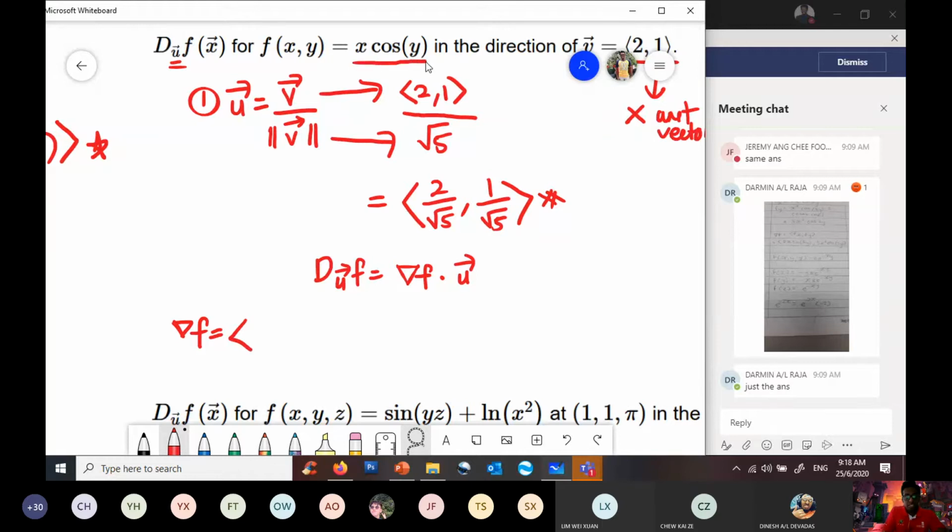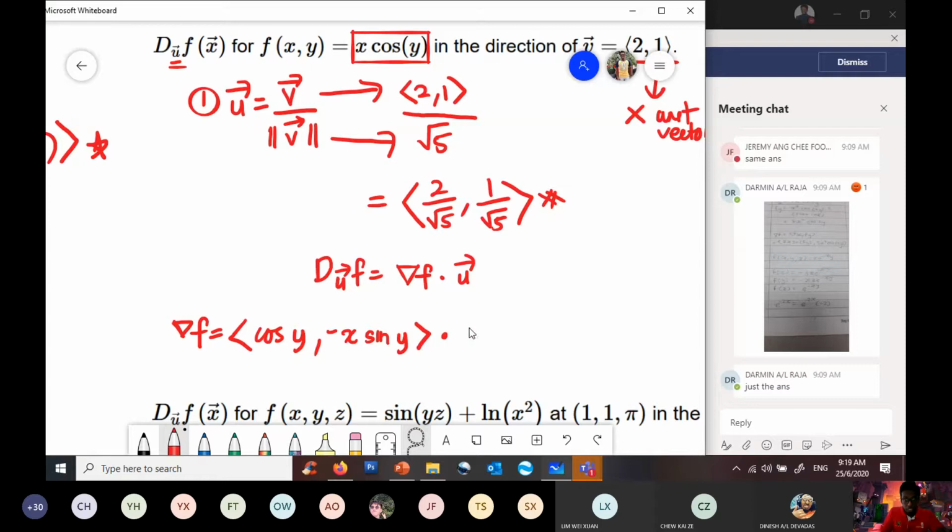This is my function, x cos y. If I differentiate with respect to x, cos y is just a constant, so you only get cos y. If you differentiate with respect to y, cos y gives negative sine y, multiplied with the x in front, so negative x sine y. This is my gradient vector.